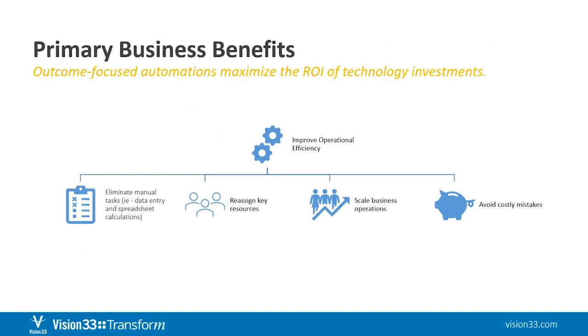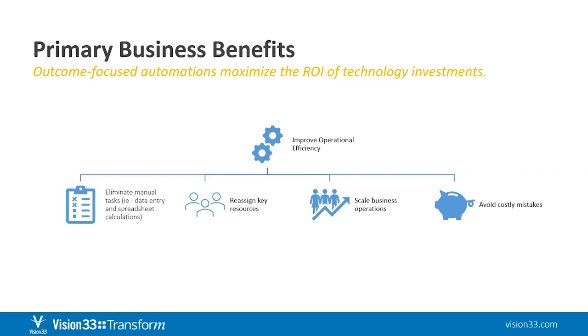Just to cover a couple of the primary benefits, for starters, we are very outcome focused, meaning that these automations are designed to help maximize the ROI of your SAP Business One investment, as well as your investment in Vision 33 technology.